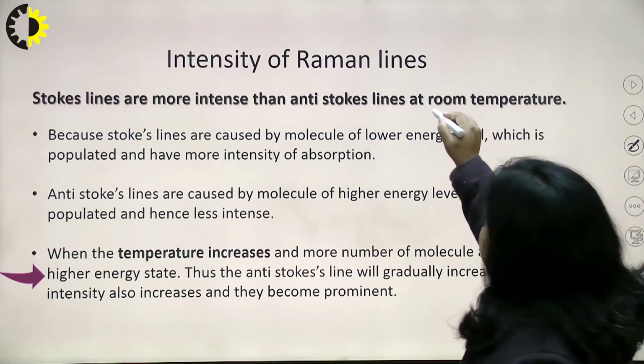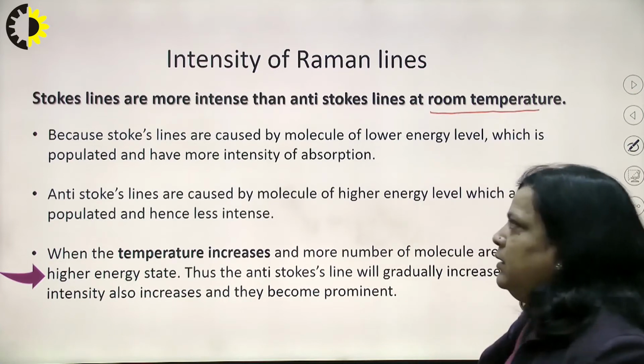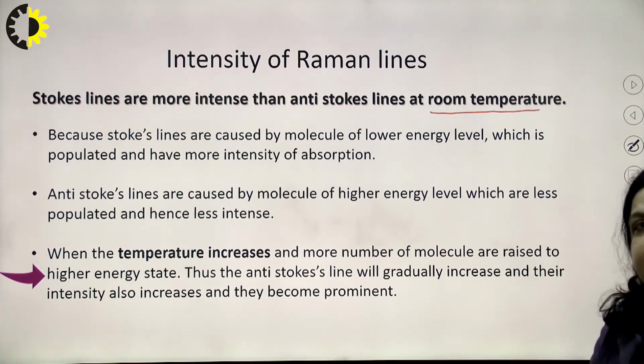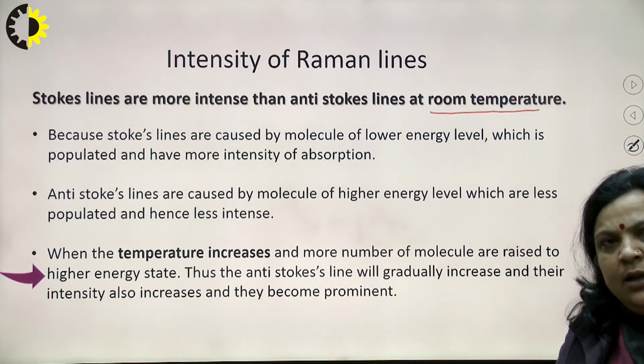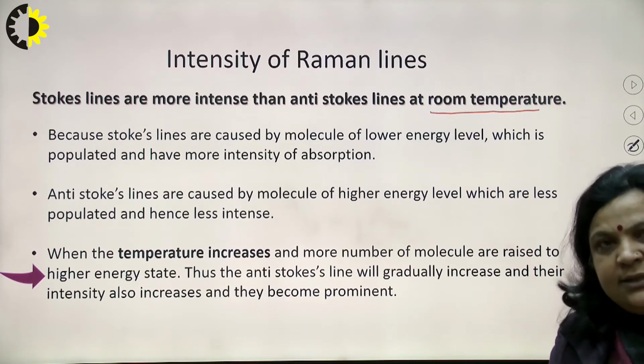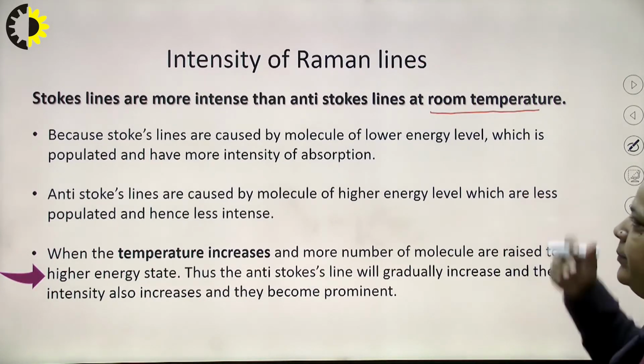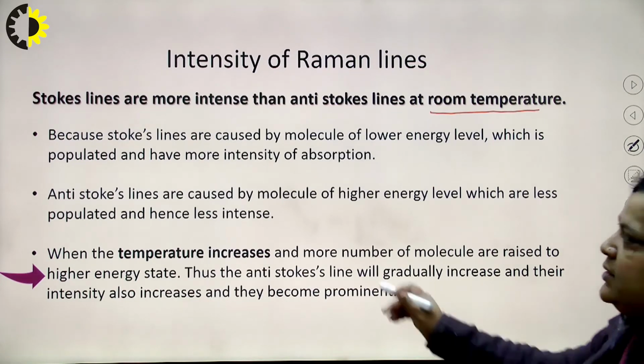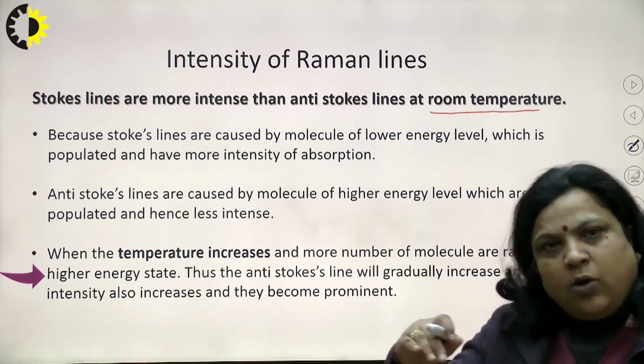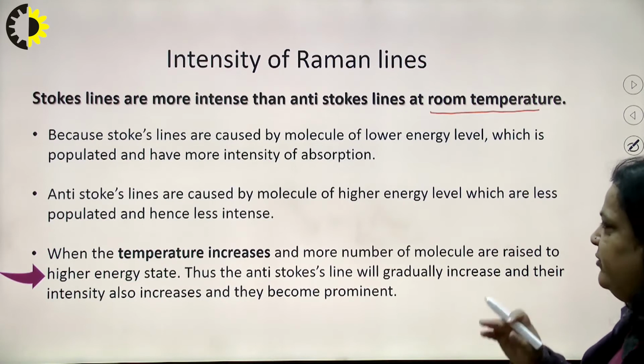If we take the intensity of a Stokes or anti-Stokes line, which have high energy at room temperature, then we know that Stokes lines are caused by molecules of lower energy level.